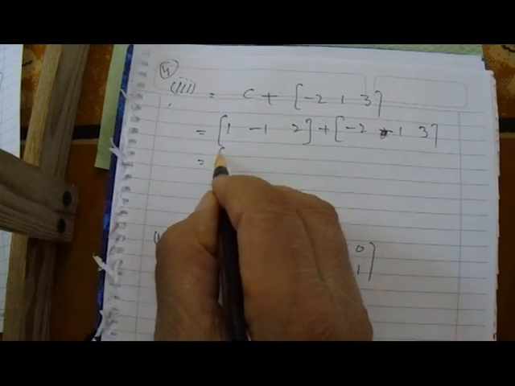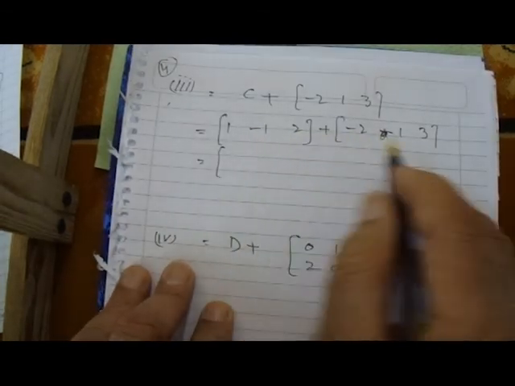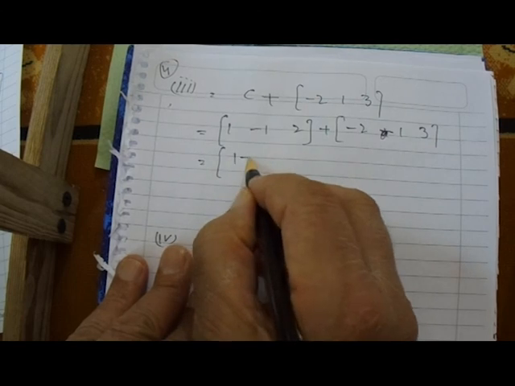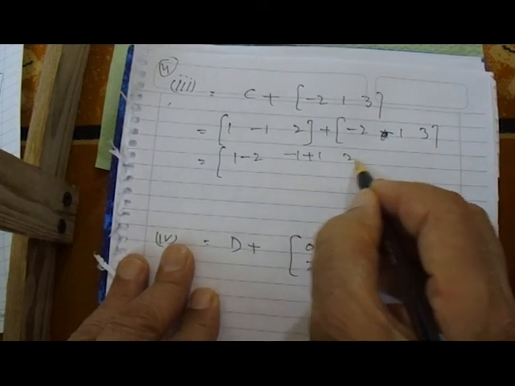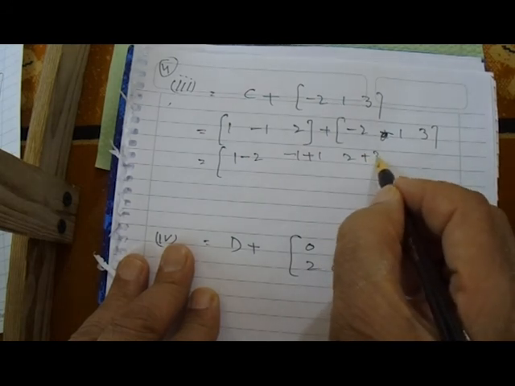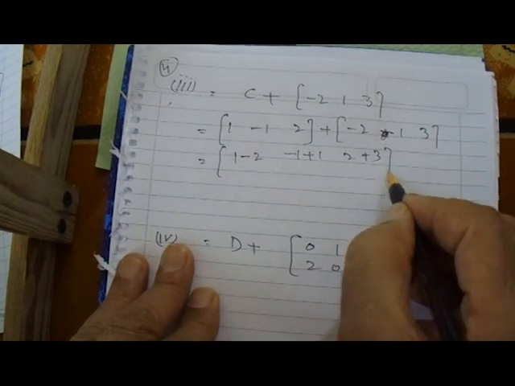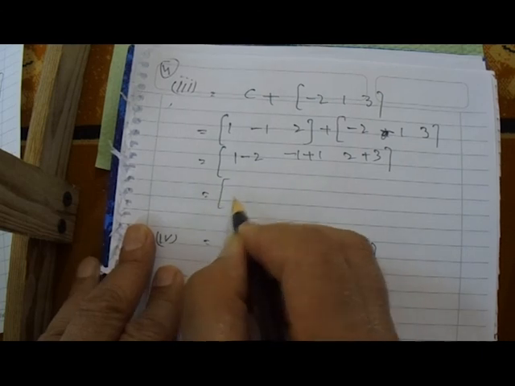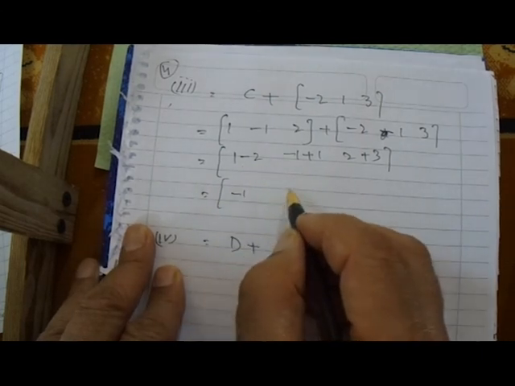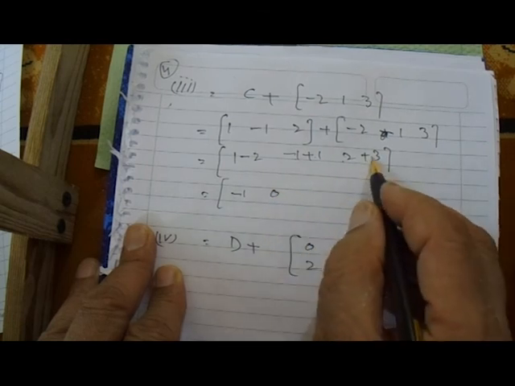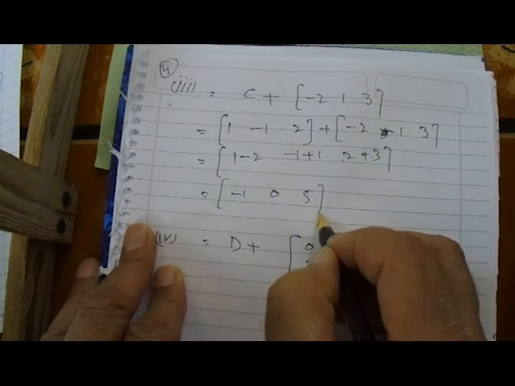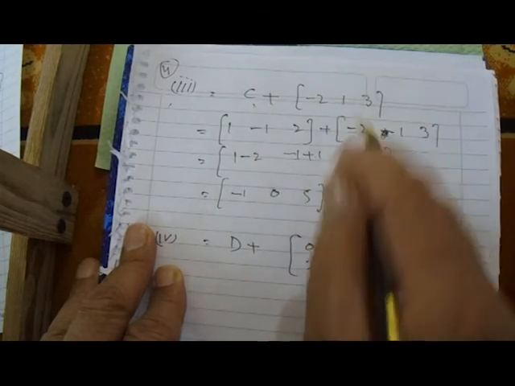Now we add this matrix with this matrix, 1 minus 2, this -1 plus 1, and 2 minus 3, 2 plus 3. Now we write here -1, 1 minus 2 is minus 1, this -1 plus 1 is 0, and 2 plus 3 is 5. Now this is the addition of this matrix with this matrix.